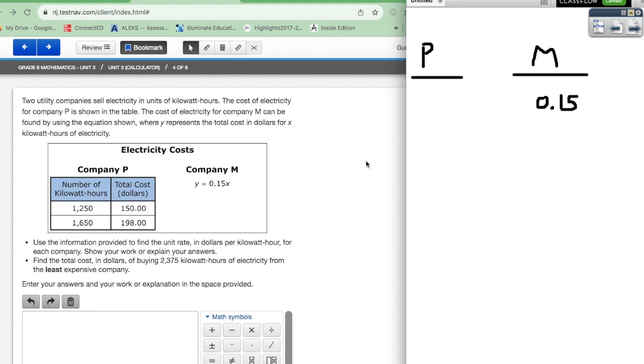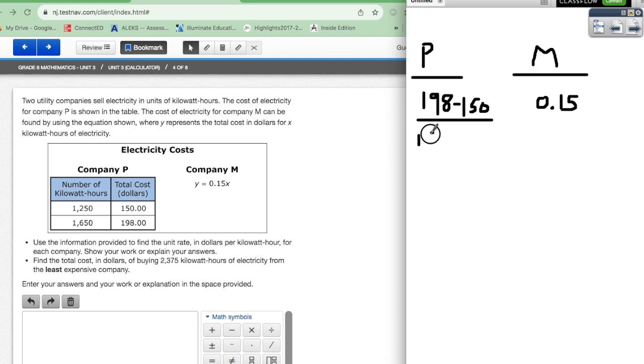Okay, company P, we got to do some work. So let's find our rate of change here. So I'm going to do the same thing we did before. We got 198 minus 150 divided by that change.